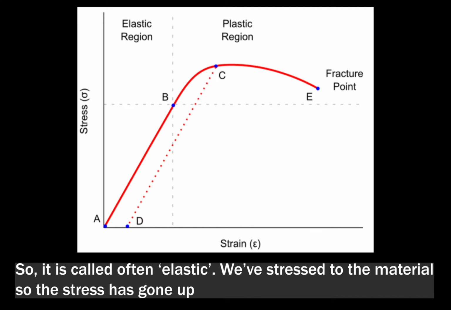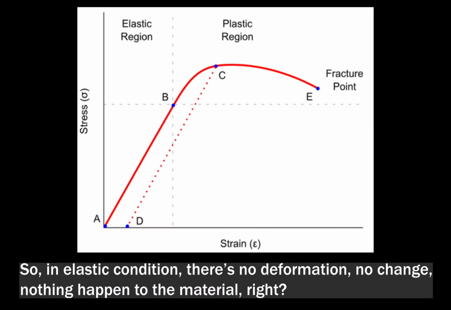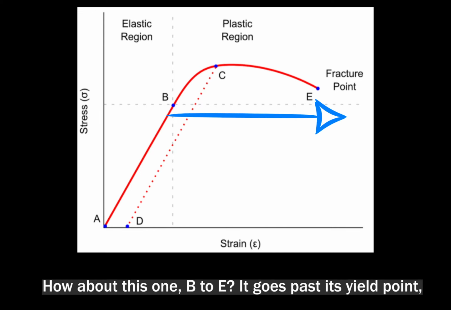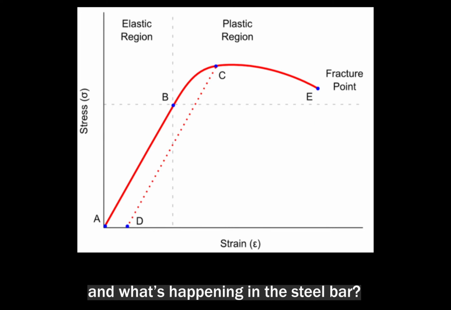We've applied stress to the material, so the stress has gone up, but it has not gone past its yield point. So in the elastic region, there's no permanent deformation, no change, nothing happened to the material, right? How about this B to E? It's gone past its yield point. And what's happening to the steel bar?